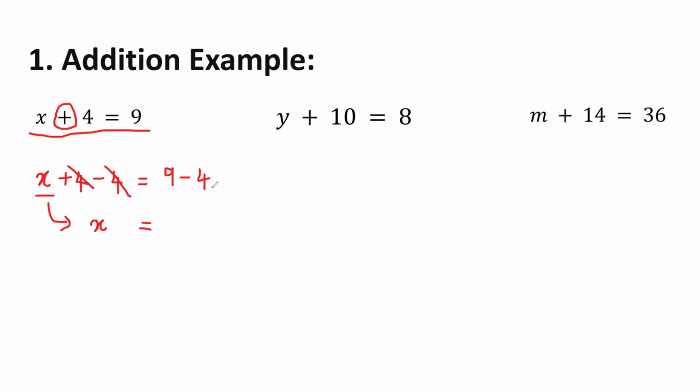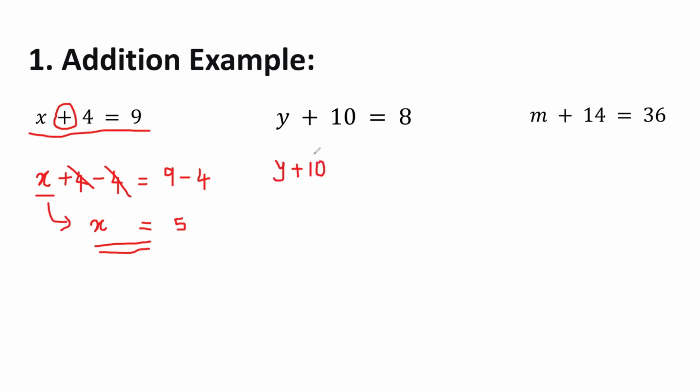x is equal to 9 minus 4, which is 5. So the answer for x is 5. Let's see this one as well. Here also you have a plus 10, so you have to undo this one and isolate the y. Let's write the y as it is.